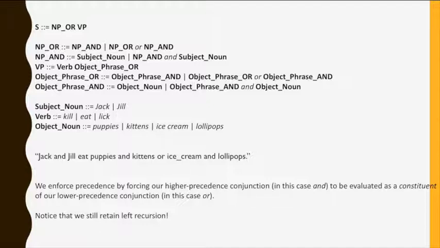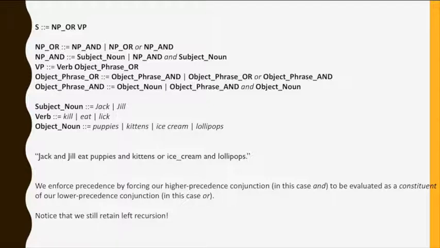So, okay, if we're thinking about it at a high level, if we want an operator, and again, we've been talking over and over again about our conjunctions being what again? Binary operators. Yeah, binary operators. So in a binary operator, if we want to enforce precedence, we would want it to come at the top or the bottom of the parse tree? The bottom.